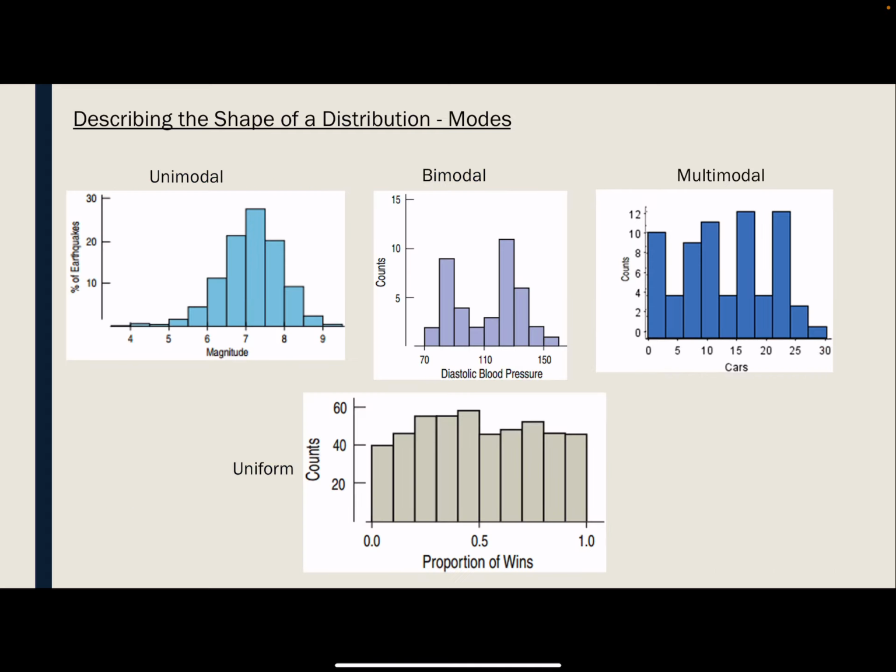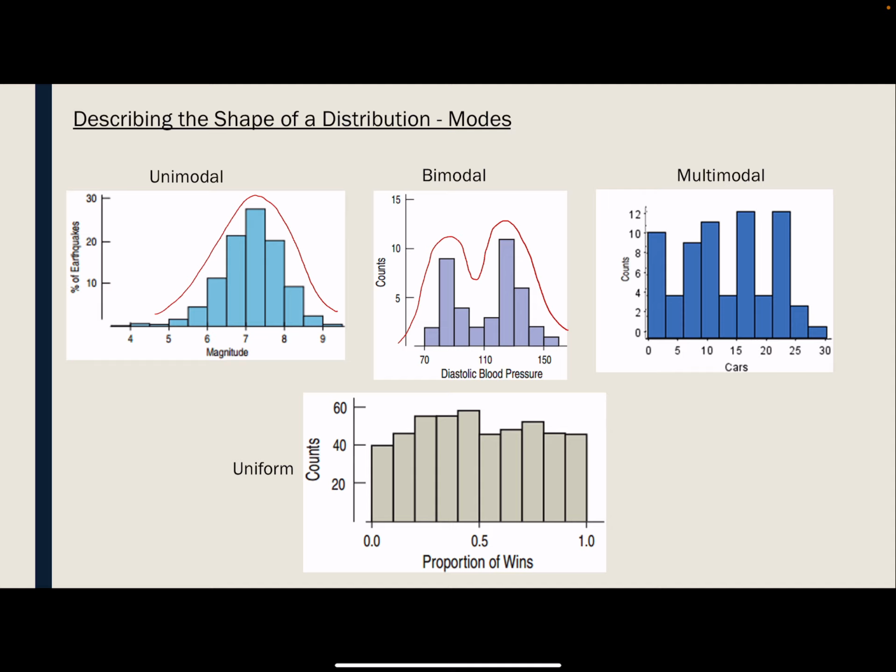When we're looking at the modes, we're looking at the number of peaks that the shape of the distribution has. In this first light blue graph, there is one peak, so we would say that it's unimodal. For the purple graph here, we have two peaks, so we would say that's a bimodal graph.